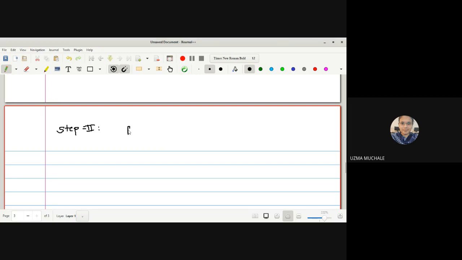Step 2. What is step 2? We have to prove that F preserves the dot product.